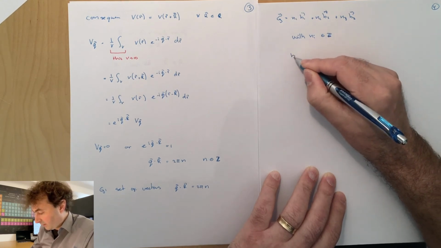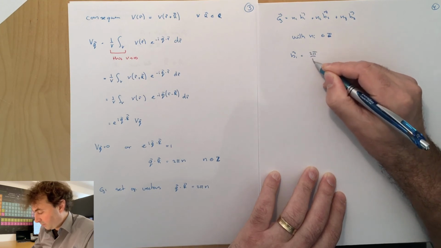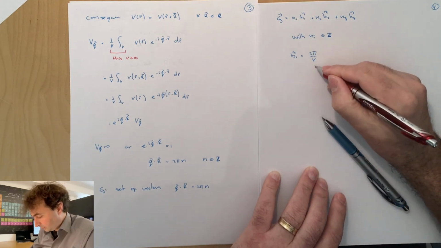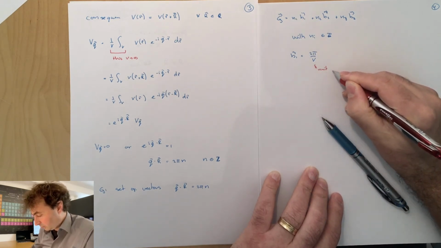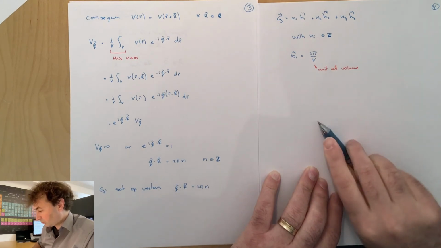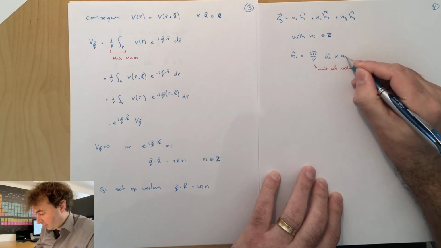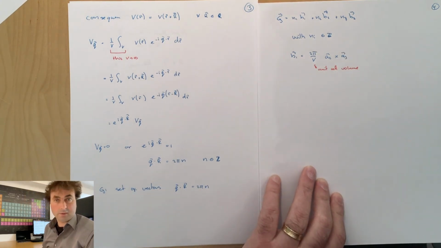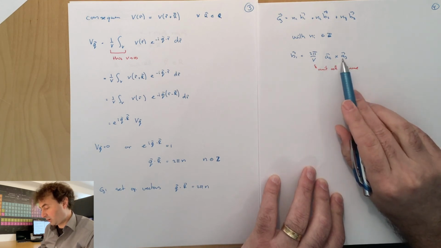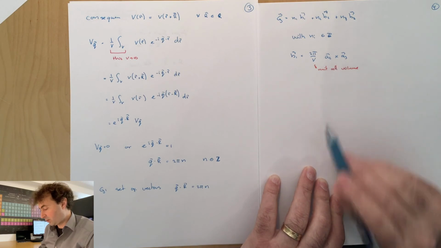And we can write these reciprocal lattice vectors as b1 equals 2 pi divided by the volume, which now is the unit cell volume, times a2 cross a3. And we can cyclically permute them, so b2 is a3 cross a1, and b3 is a1 cross a2.